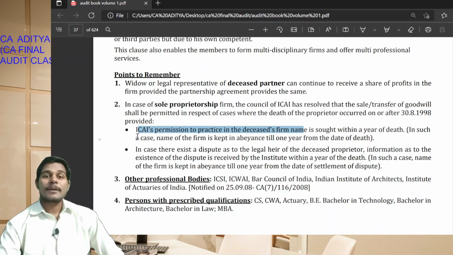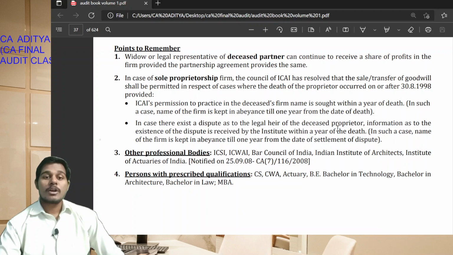That is, ICA permission is taken within 1 year of death of the member, or in case there is a dispute among the legal heirs of the deceased partner, information about the existence of the dispute is brought to the institute within a year of death. Okay students, then it will be allowed by the institute to transfer or sell the goodwill.